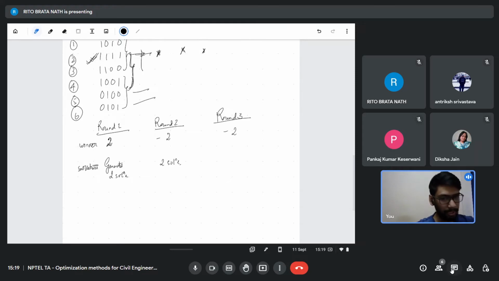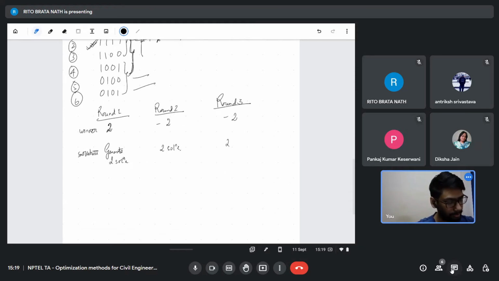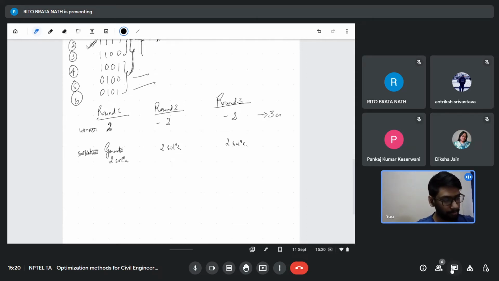So two will again win, and you will generate two solutions here. Since you need to play three rounds, in whichever way you pick your three solutions to play against each other, this best solution will always be the winner in every round. That's why you make three copies of this, because you play three rounds.